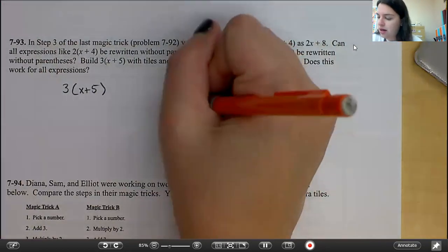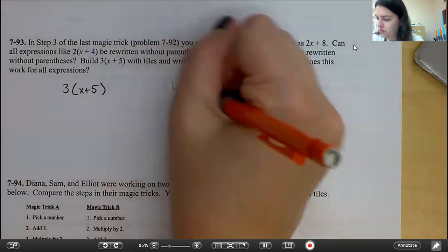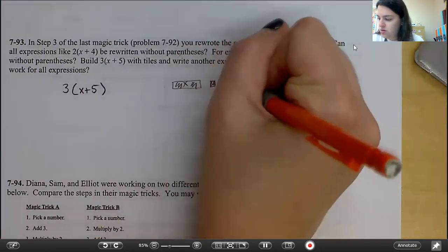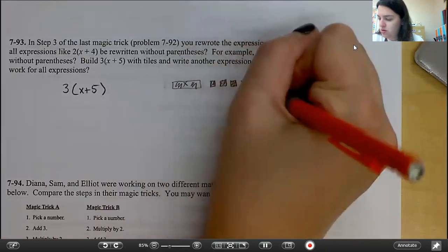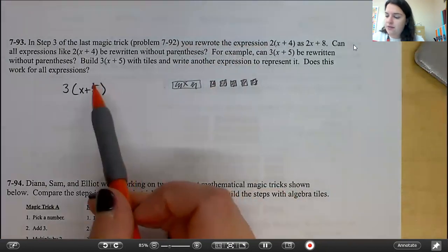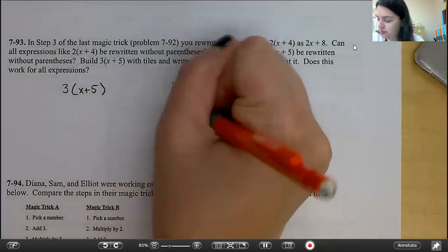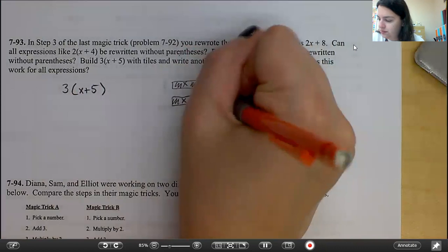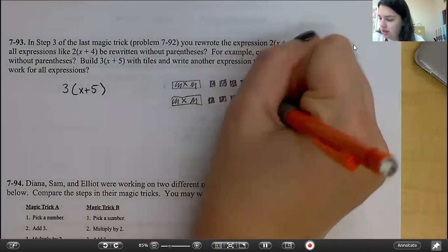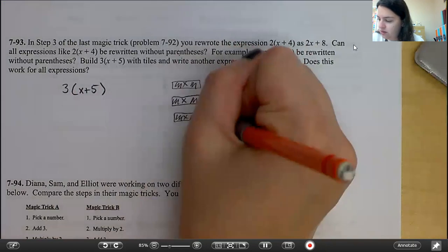So we have one group of x plus 5, but we actually have 3 groups because that's on the outside of the parentheses. So I'm going to draw another one. And I got to draw my third one. Remember, I'm shading them because they're positive.